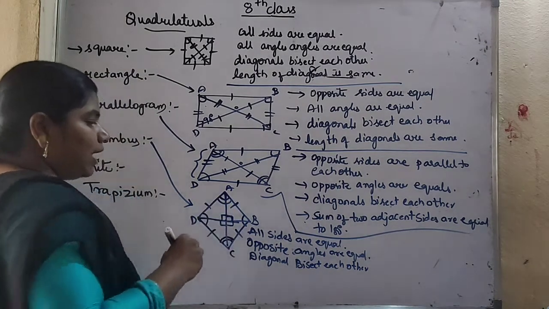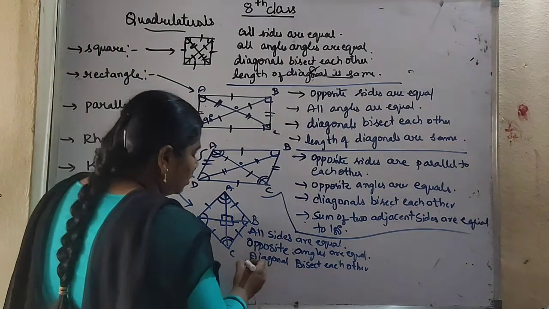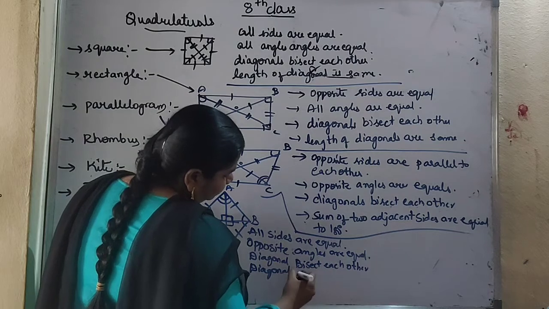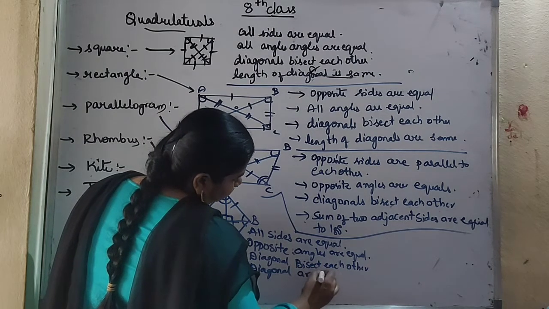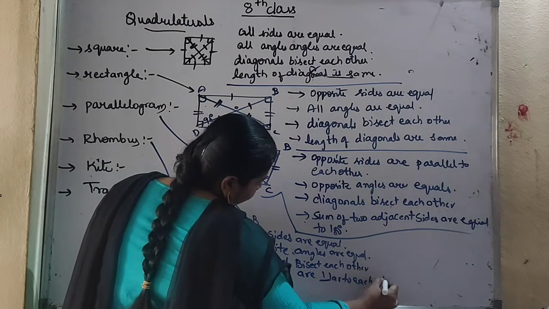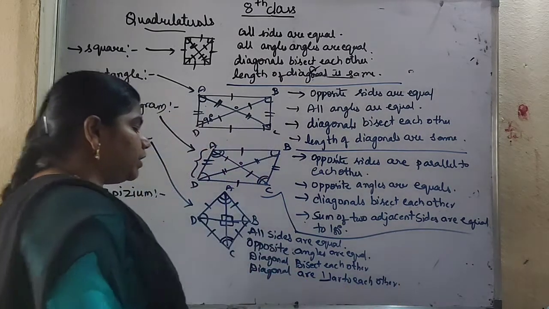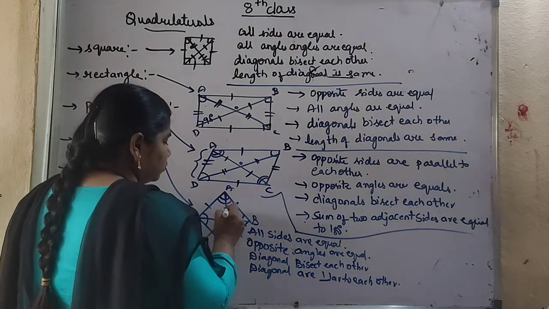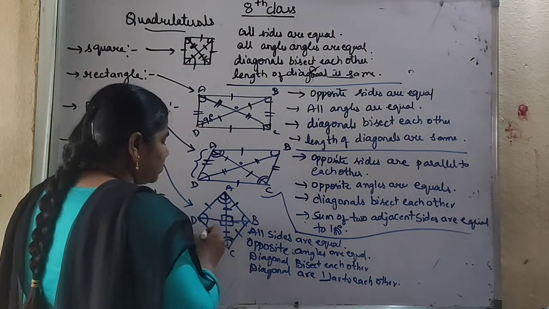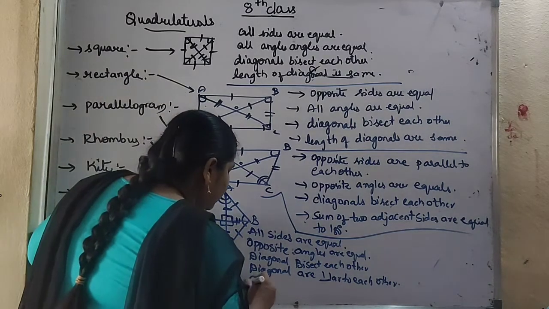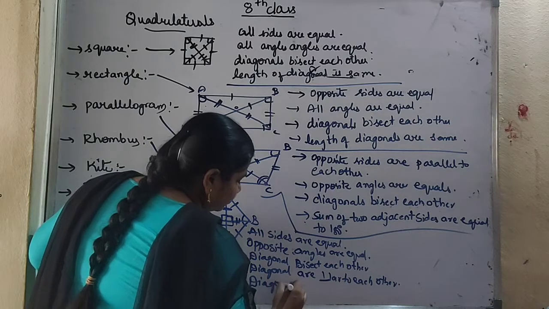If you see all the angles, they are perpendicular to each other. So diagonals are perpendicular to each other, and diagonals bisect each other also. The length of this part will be equal to this part, and the length of this part will be equal to this part.